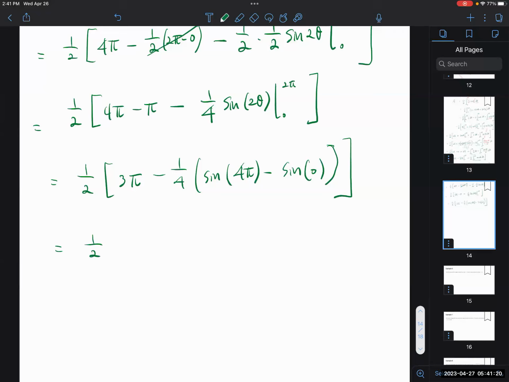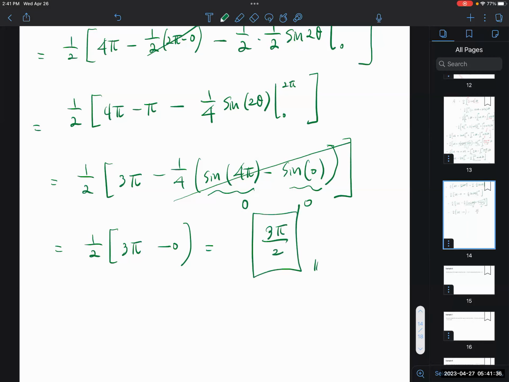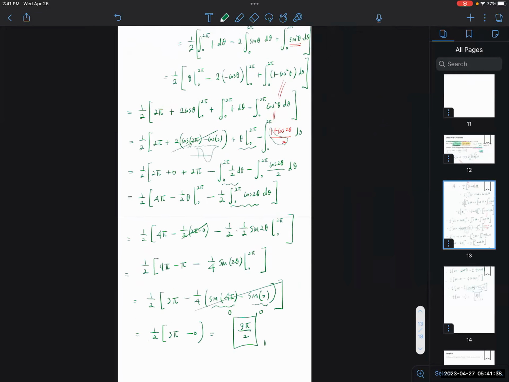So 1 over 2, 3 pi. This is going to be 1, this is going to be 0, all 0. So the answer, 3 pi over 2, is the area we are looking for. Whew, we got it.